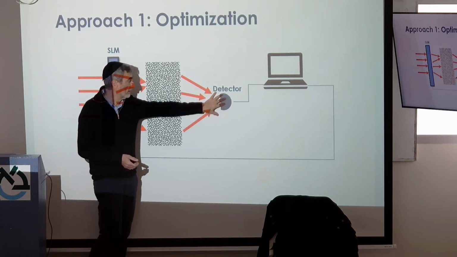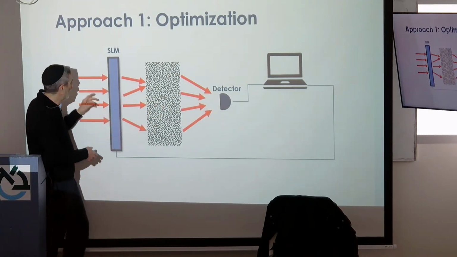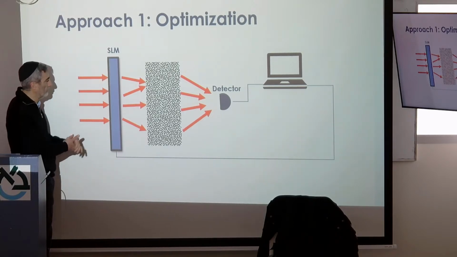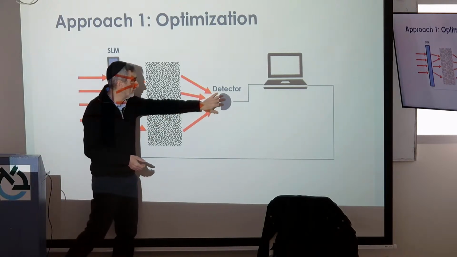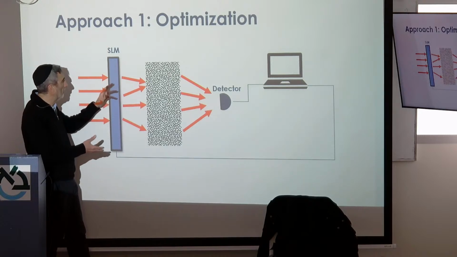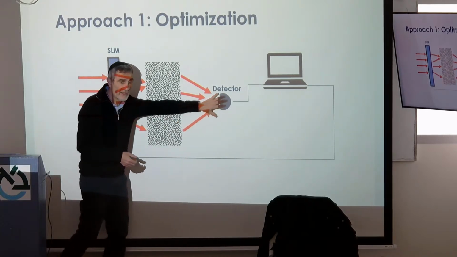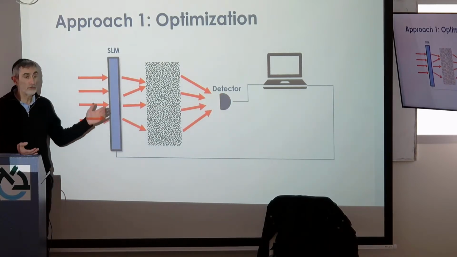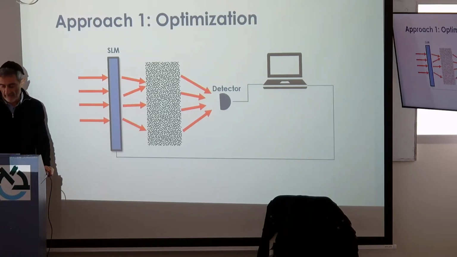I measure, and the computer will tell me to modify the wavefront; the SLM will modify the value of my pixels. If I get improvement on the detector, I continue in the same direction, and the system will iteratively optimize the wavefront in order to maximize the signal detected here. So it's a blind approach. You don't know what the result is going to be, but at the end you get focusing.